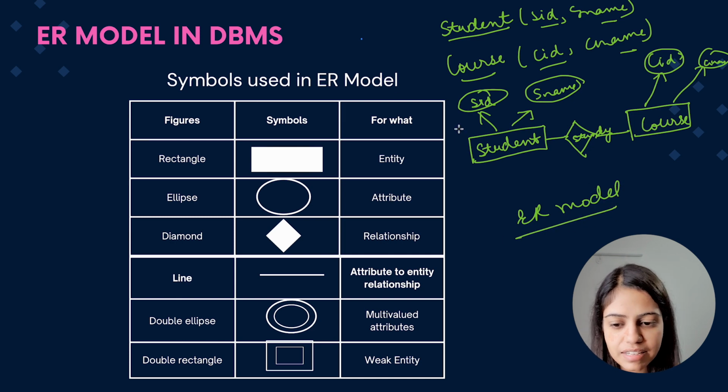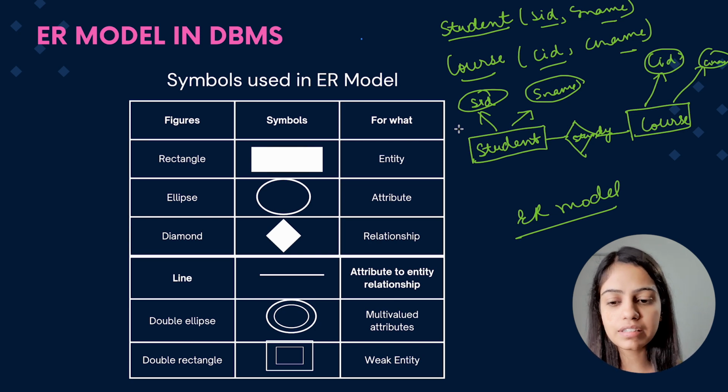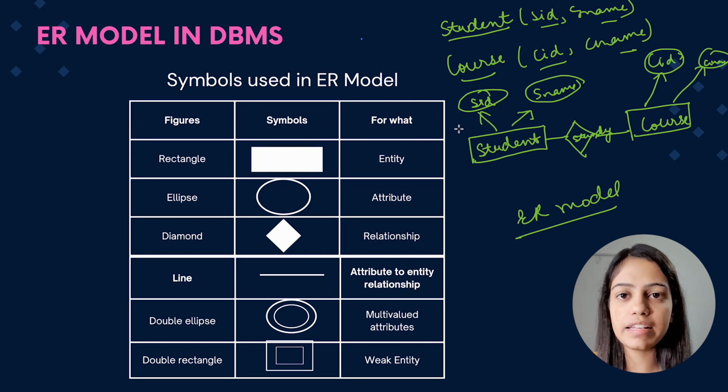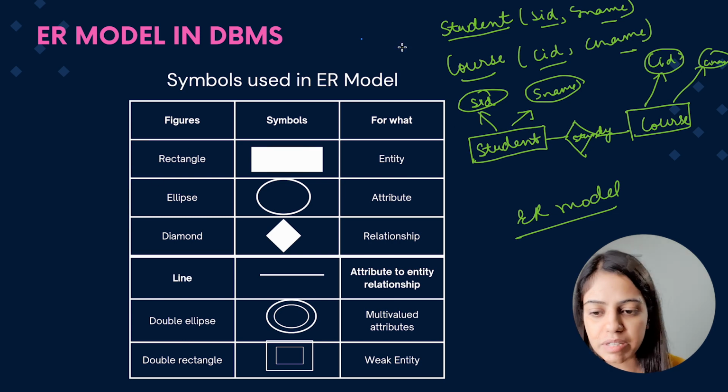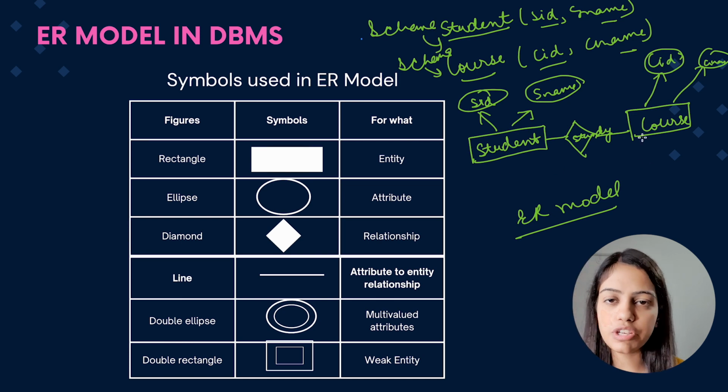This is a very basic ER model design. We would be knowing in much more depth about some complex database designs as well, but this is just a small example of how we design everything from entity to attributes to relationship. So this is the student schema, this is the course schema, and whenever we have a particular schema we can go ahead and design our entity relationship model, the visual representation of that model.